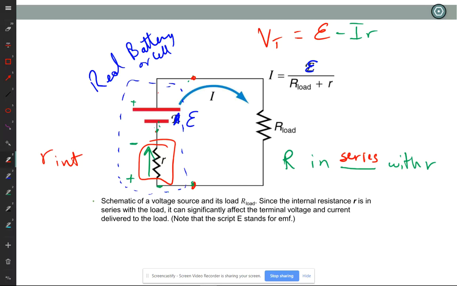Well, it's not parallel, but you can have things that are neither series nor parallel. So the way to tell for sure is any current that goes through this one has no option but to go through that one. If current going through one has no option but to go through the next one, then they're in series. And so how do we add resistors in series? You just add them. Series is easy.